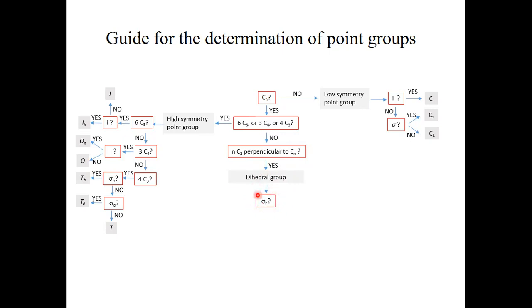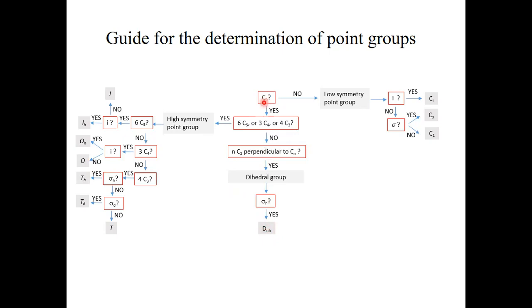So the first question that we can ask is, do we have a horizontal mirror plane in addition to the n C2 axes that stand perpendicular to Cn? If the answer is yes, then that must mean that the point group must be of the type Dnh, and n would be an integer number.